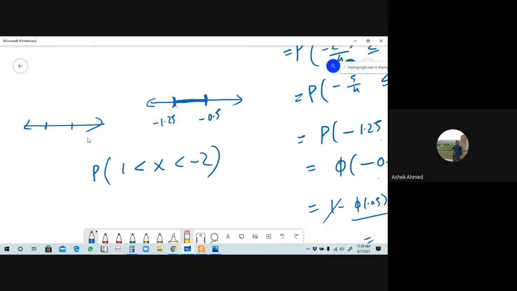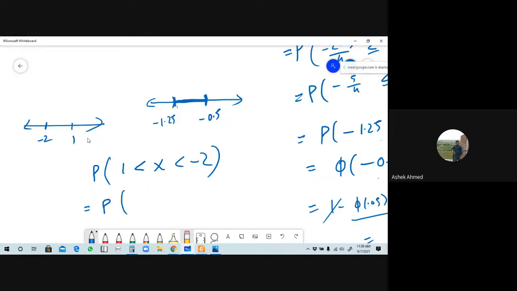Now tell me, between these points which will be -2 and which will be +1? This is -2 and this is +1, is it right? Tell me, if you consider 1 is less than x, what do you mean by this?